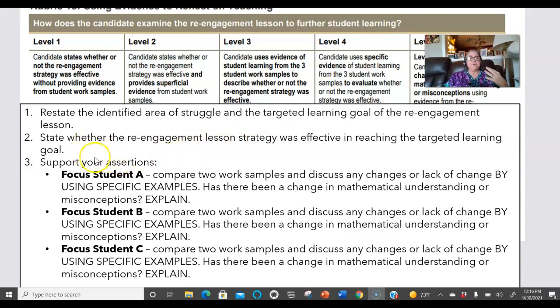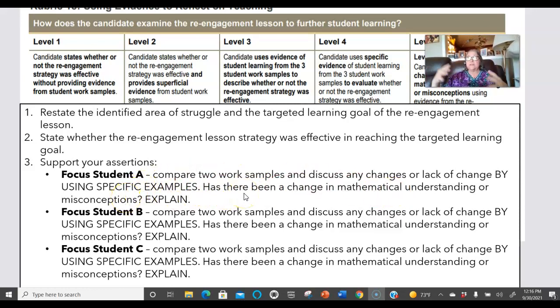And then you're going to support this assertion that it's effective by talking about specific examples for each focus student. So you can compare their original work with their second work, discuss any changes or lack of change by using specific examples. Has there been a change in mathematical understanding or misconceptions?